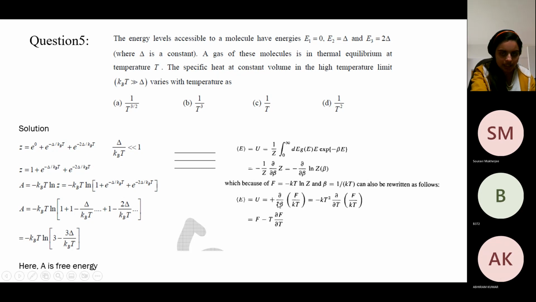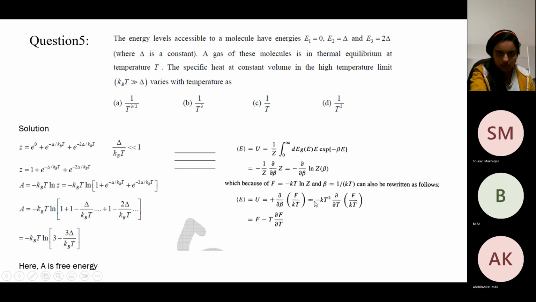Now if we change this variable from beta to temperature, we get this expression here, because it's like del del T of F by kT into del beta del T. So when you have the expression for the free energy, you can use this relation to get the internal energy.